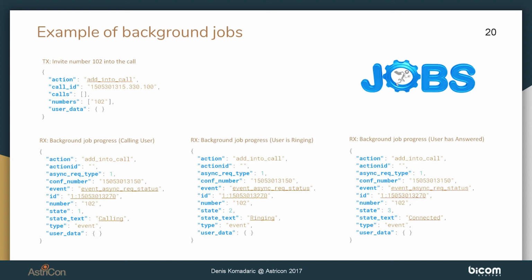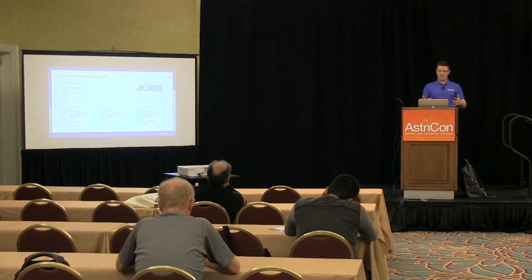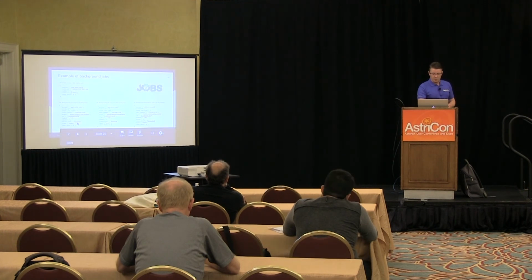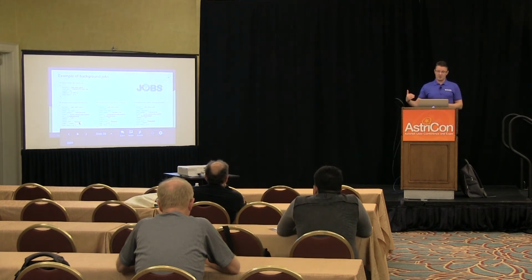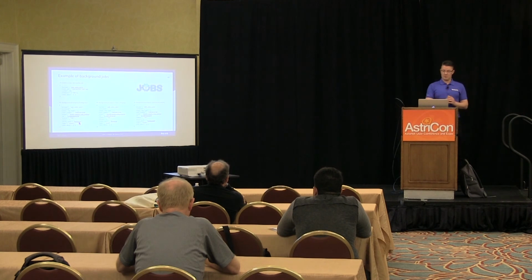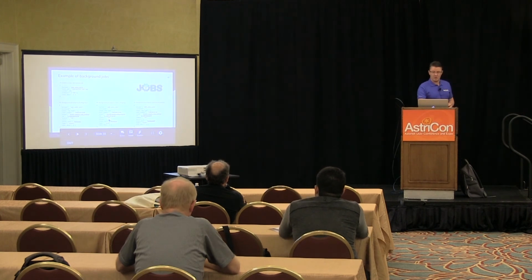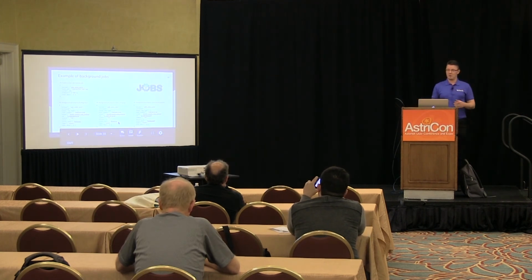So every job has its ID and has some type. What is it? Is it a conference invitation, or an originate, or whatever, so that the user can track it. And in the first one, we see that Asterisk is trying to call that person. In the next one, we will see that the person is now ringing.